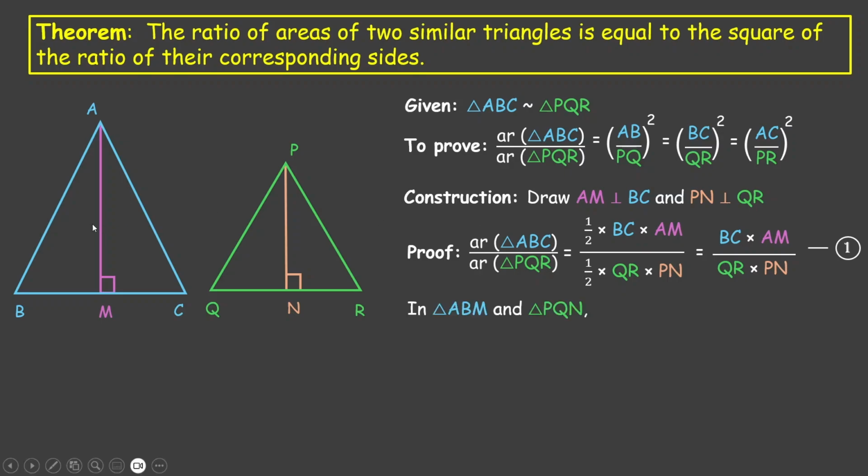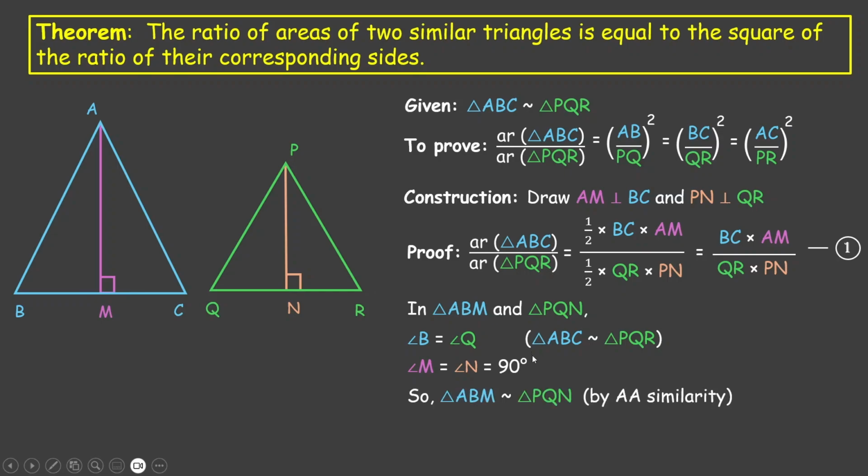Next, if we look at these two triangles, ABM and PQN, the left one in both the blue and green color triangles, we see that angle B is equal to angle Q. That is because triangle ABC and PQR are similar, and similar triangles have equal angles. Also, angle M is equal to angle N, both of them are equal to 90 degrees, right?